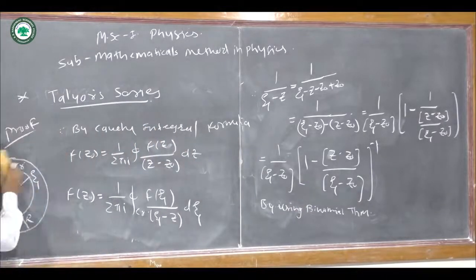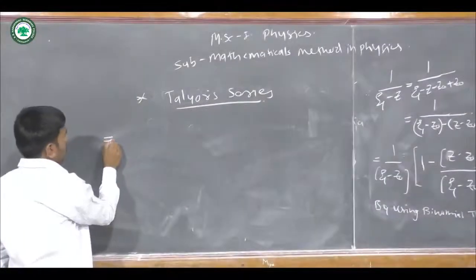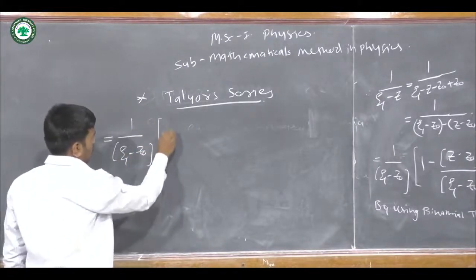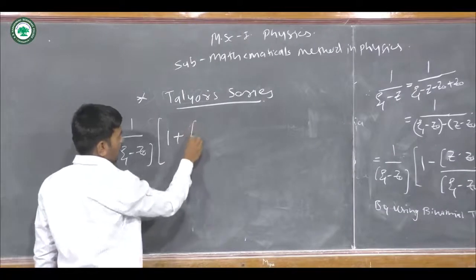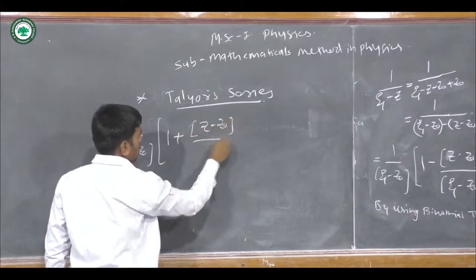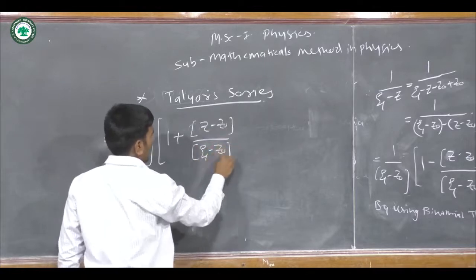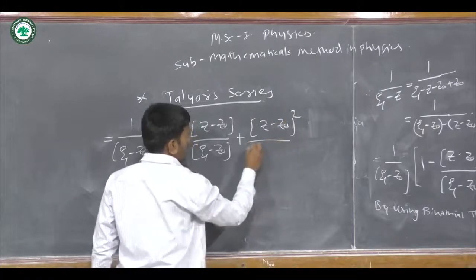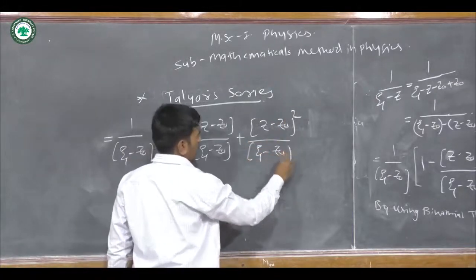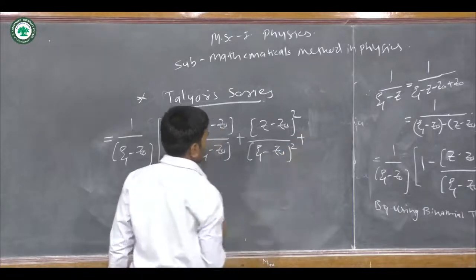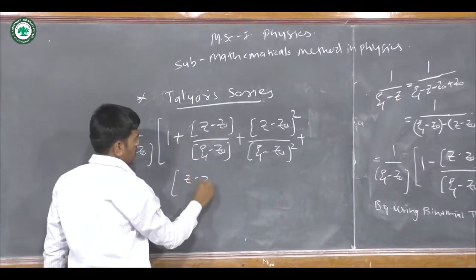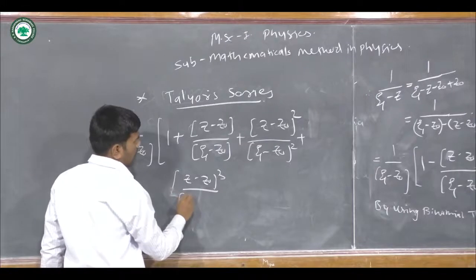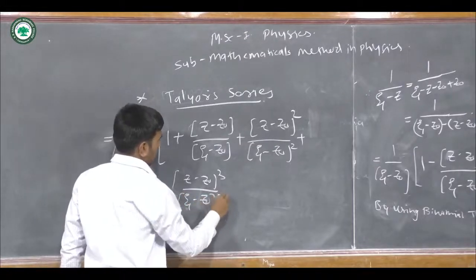So just I am writing here, it is equal to 1 by psi minus z naught into 1 plus, if we expand, 1 plus z minus z naught divided by psi minus z naught plus z minus z naught square divided by psi minus z naught square plus z minus z naught cube divided by psi minus z naught cube, and so on.